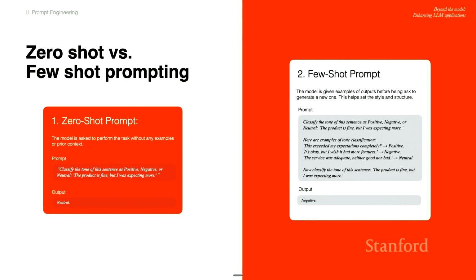Now classify the tone of this sentence, after you've heard about these things, and the model then says negative. And the reason it says negative, of course, is likely because of the second example, which was, it's okay, but I wish it had more features, which we told the model was negative. Because the model saw that, it's aligned now with your expectations.